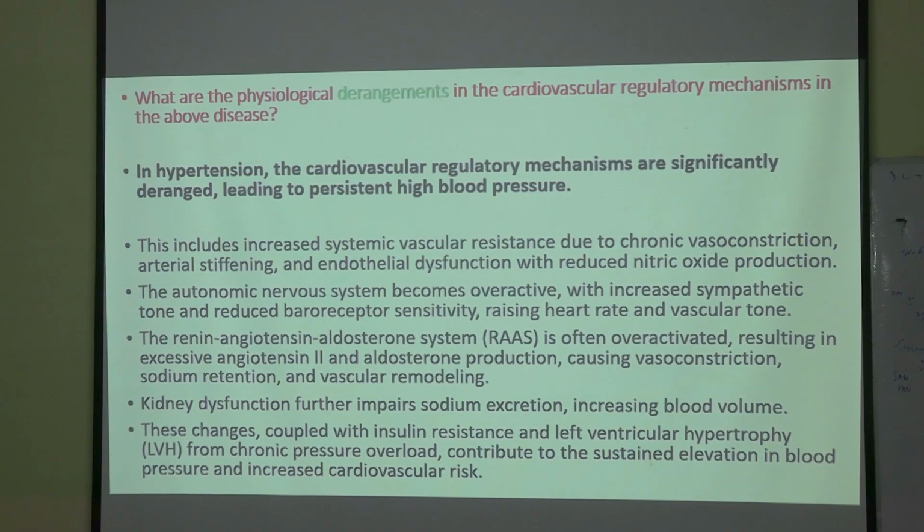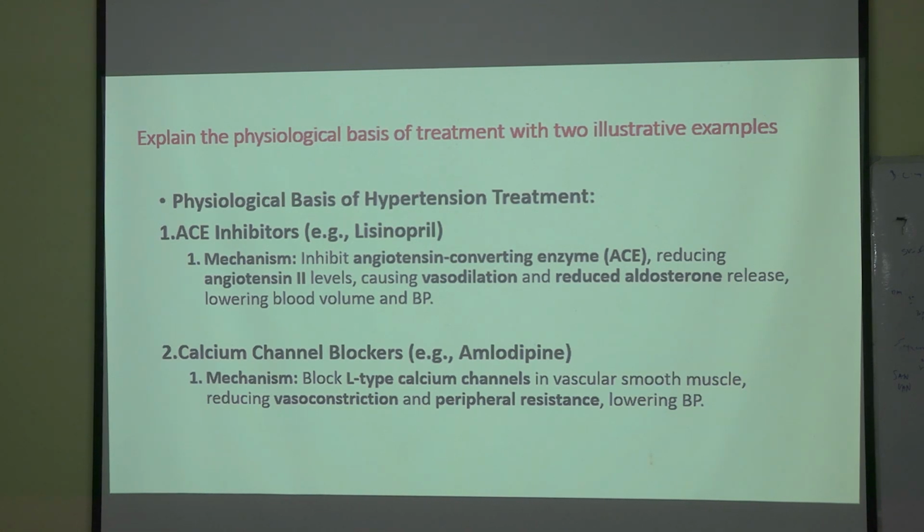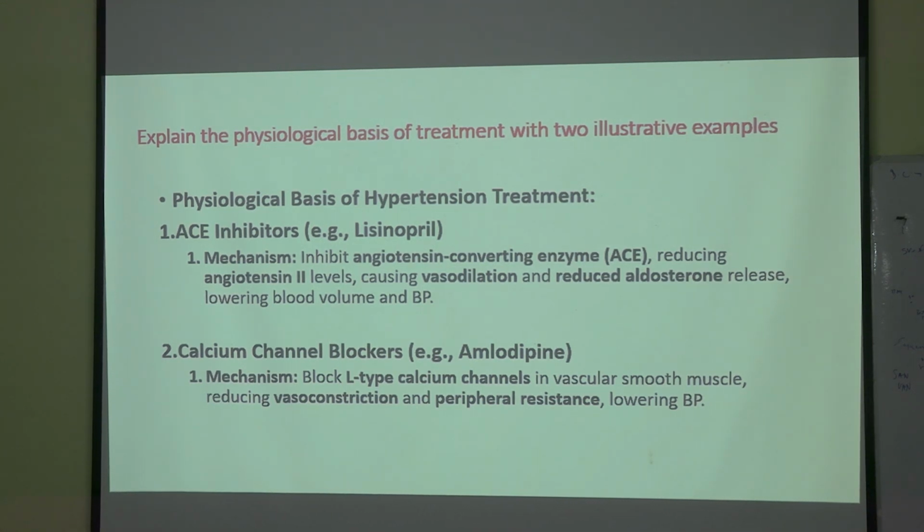But here these inhibitors inhibit the synthesis of angiotensin 2, causing vasodilatation as well as reduced aldosterone release, and this reduced aldosterone release leads to lowering of blood volume and blood pressure. So this mechanism of treatment is very effective to reduce the blood pressure and improve the subjects, right?